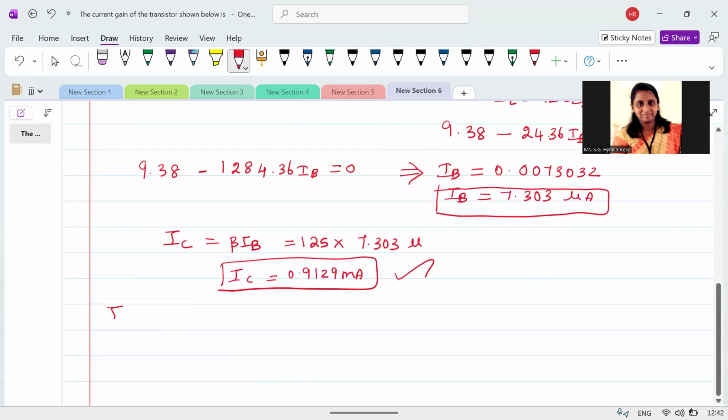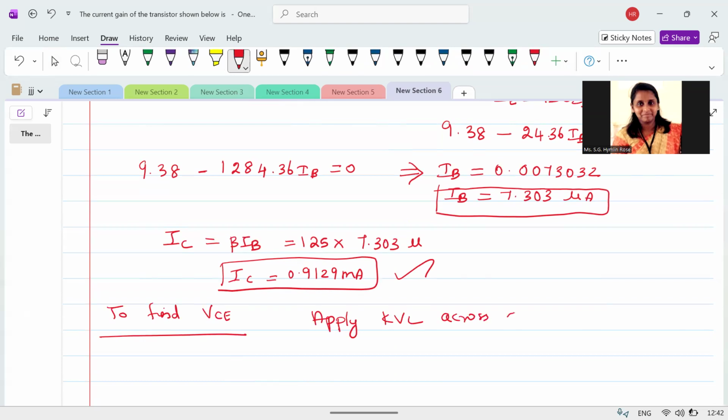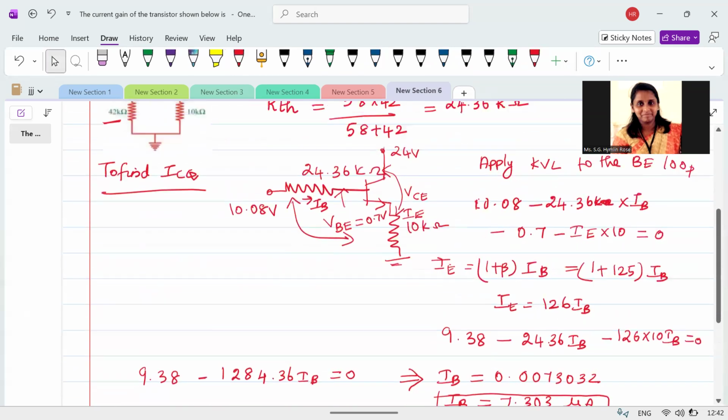The second thing we need to find is VCE. To find VCE, apply KVL across the collector emitter loop. Across the collector emitter loop means this one.